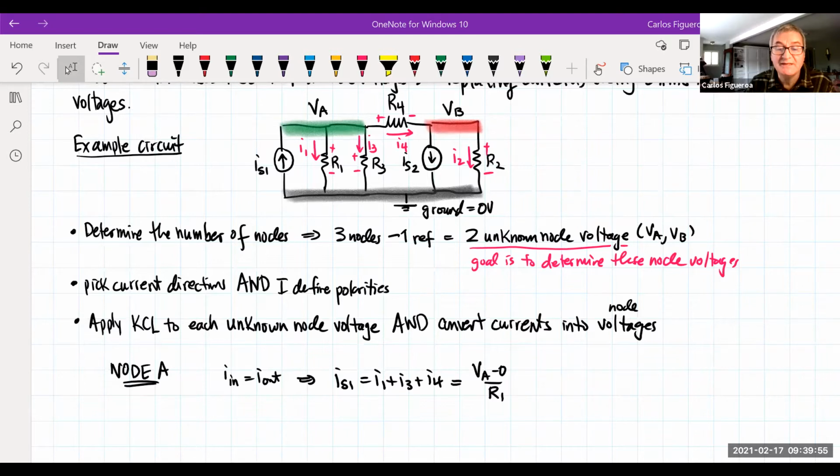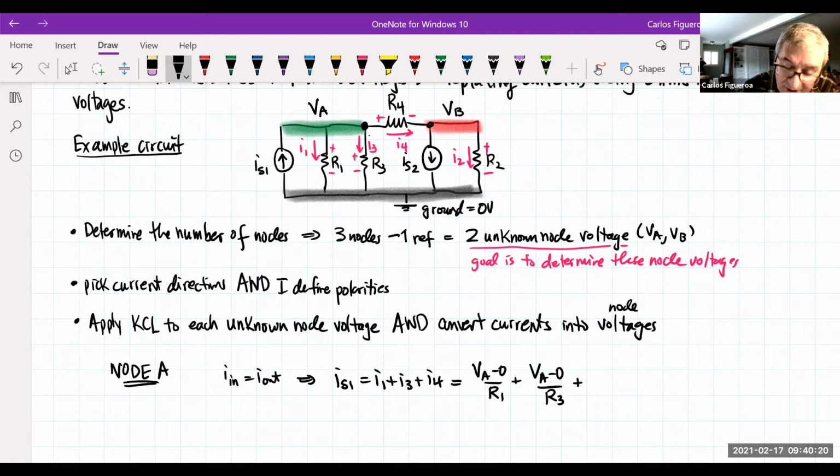So if that's the case, what you're seeing now is that I'm going to go and do the rest for the other resistors. Look at I3. I3 is exactly the same. It's VA minus 0 divided by R3. And look at R4. R4 tells me when I look at that current, it's going from plus to minus, so it should be what? Look at this node right here. What is that? That's VA.